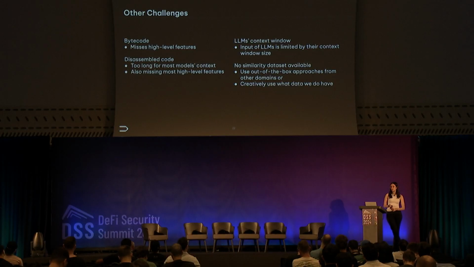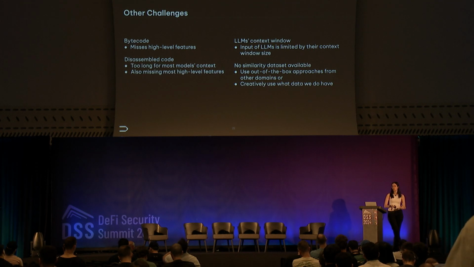And finally, even though we do have a lot of data available, we don't have a lot of labeled data. That takes a lot of manual effort. So we either have to use out-of-the-box approaches from other domains, which means pre-trained models, or we have to creatively use what data we do have.